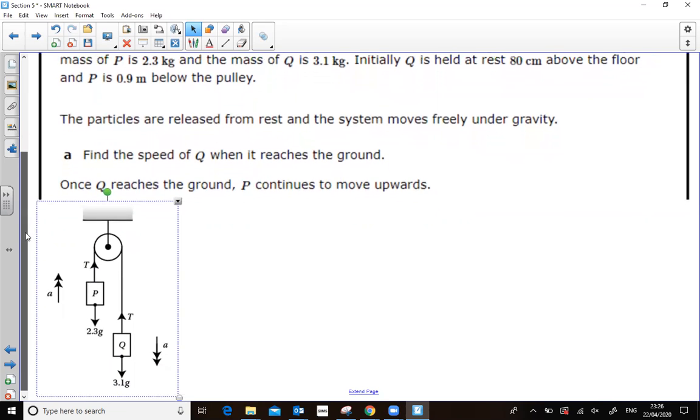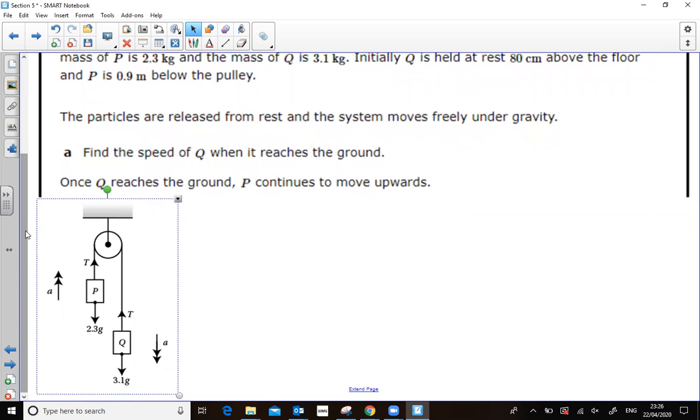Okay, so now let's just think. We already know that P has a weight of 2.3 G and Q has a weight of 3.1 G. So just by common sense, we know that Q is heavier. So when we release the objects from rest, Q will start to pull P up, and Q will start to drop down towards the ground.